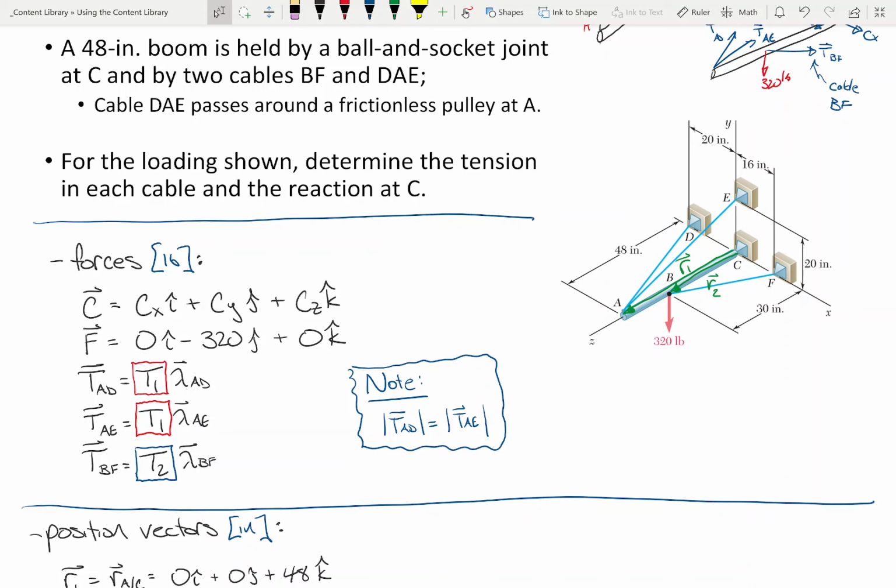Okay. BF. Positive 16, yes. For Y, it is 0. And then Z, negative 30. Okay. So just so we don't have to do a bunch of scrolling, we now have those.